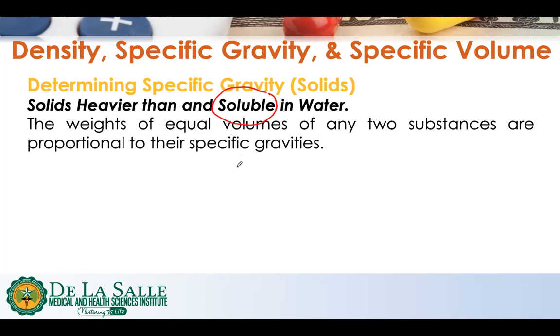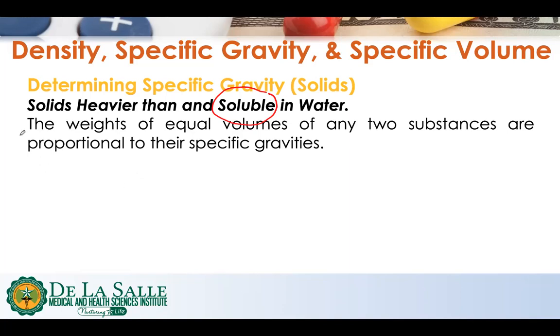So, in order for us to determine the specific gravity of solids heavier than and soluble in water, we need to use a different liquid in which the solid is not soluble. An example of that liquid is an oil. Because of the difference in the polarity of water and oil, we are sure or partially sure that the solid will not be soluble in oil if it is soluble in water.